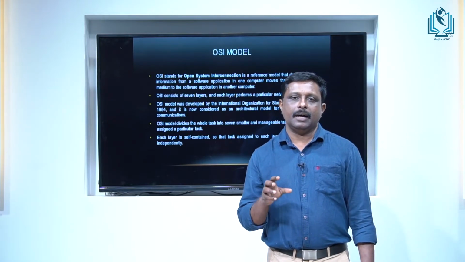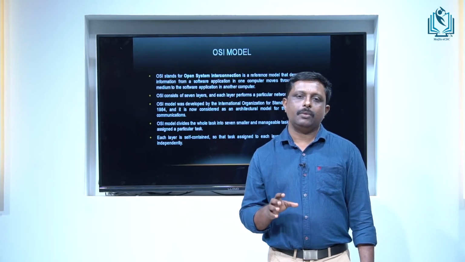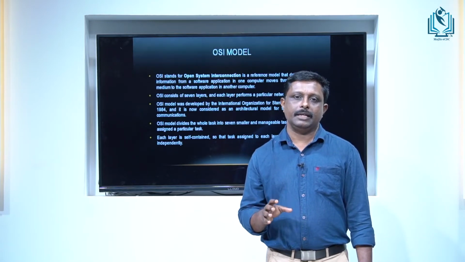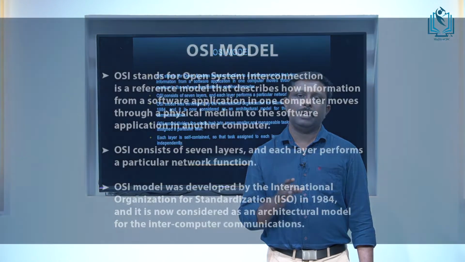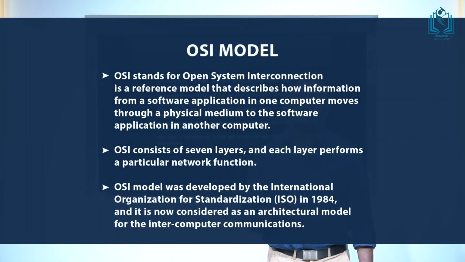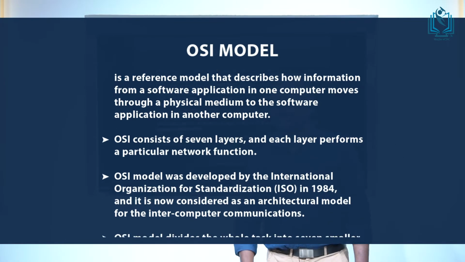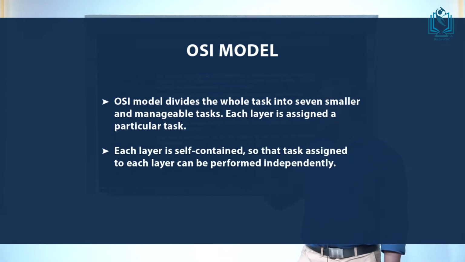This architecture describes how information flows from an application software of one computer to the application software of the next computer through a physical medium. The ISO OSI model was developed in 1984. The ISO OSI model has 7 layers, which are explained in the next part.